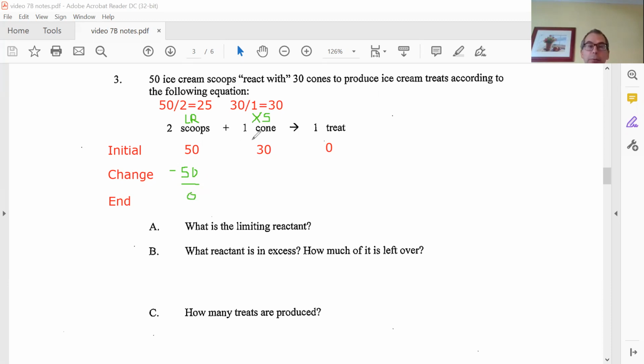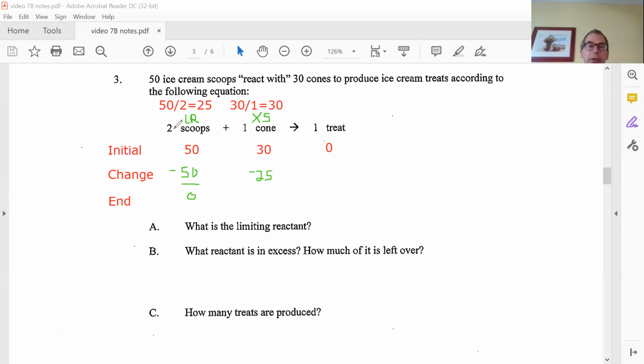The next thing is 50. If I use 50 scoops, I'm going to use half as many cones because of the 1-to-2 ratio. So 50, the 2 goes on the bottom, the 1 goes on top. 50 times 1/2 leaves me with 25. And put a minus sign because we're using it. They're consumed. Thus, the 25 plain cones get converted to ice cream treats.